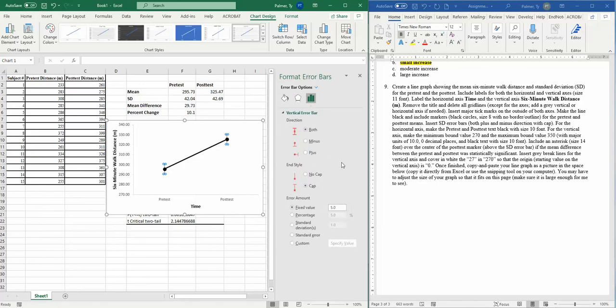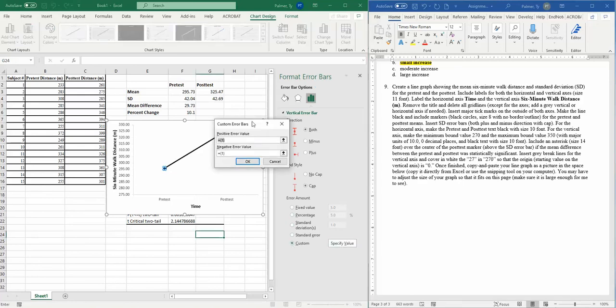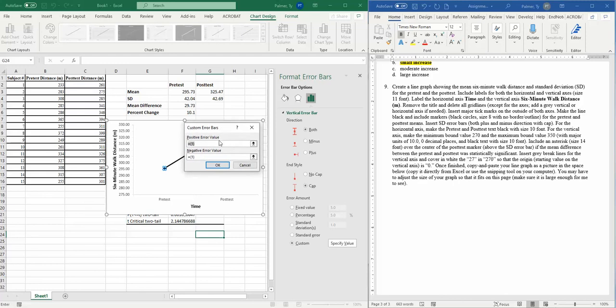If we go back to our error bar options here, now we have the last thing we need to do, the error amount. This is the part where we need to indicate in Excel the correct standard deviations for our error bars. In order to do that, we need to go down here and select Custom, and then go to Specify Value. That brings up this window here.